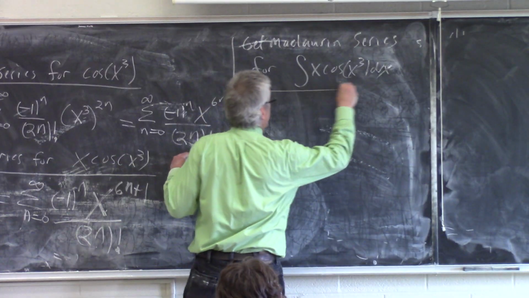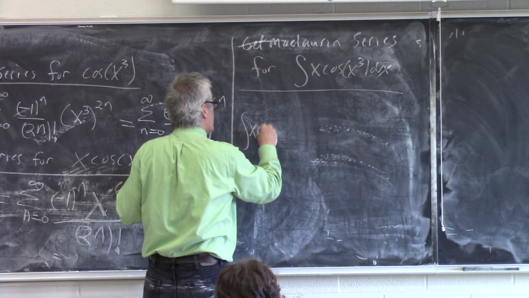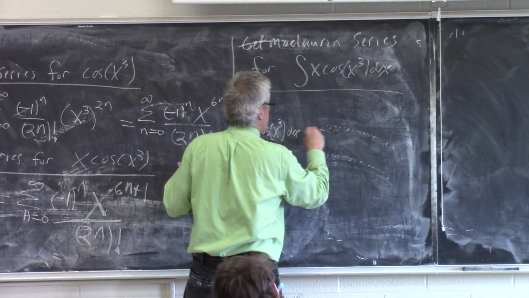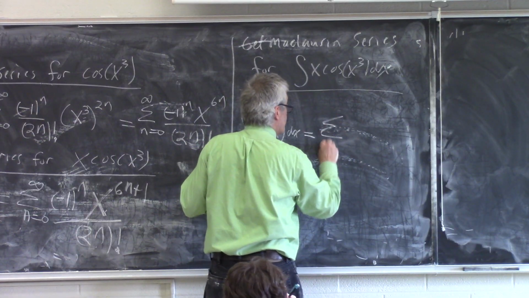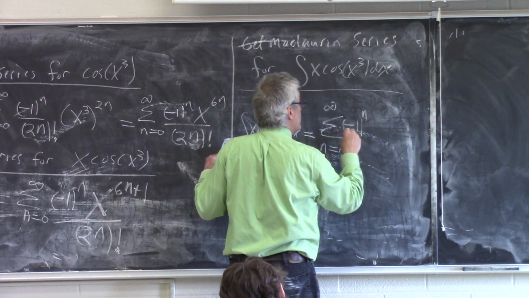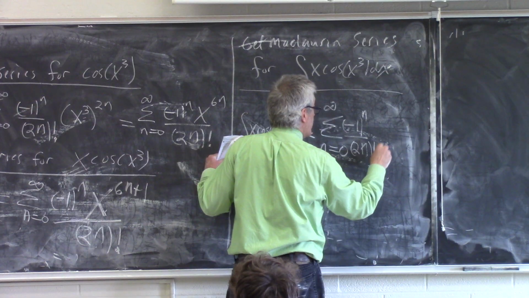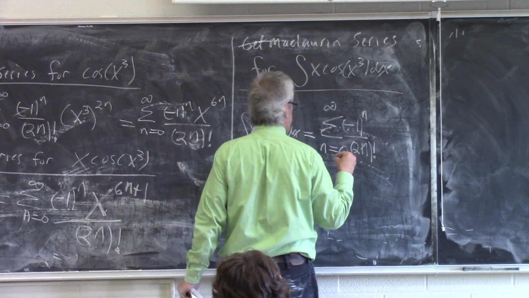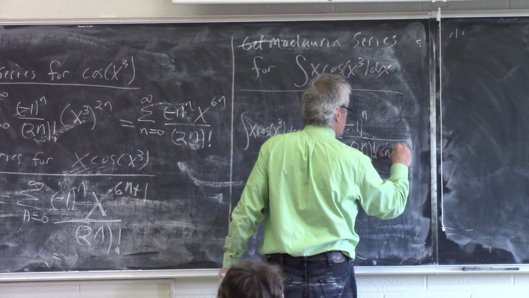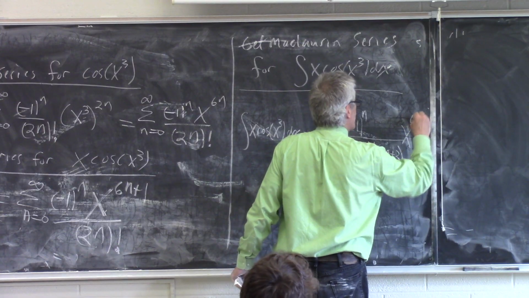So that's the heading, and the result is that this indefinite integral of x cos x cubed is going to be the sum as n goes from 0 to infinity of (-1)^n over (2n)!, and then the new exponent is going to be 6n plus 2, so I'm going to have a 6n plus 2 on the bottom, and then I'm going to have x to the 6n plus 2.